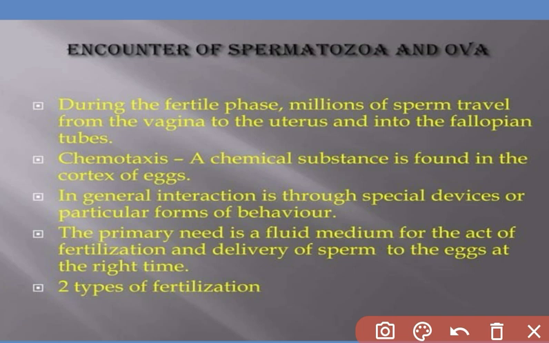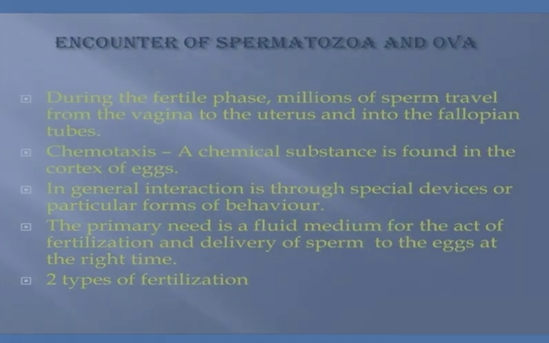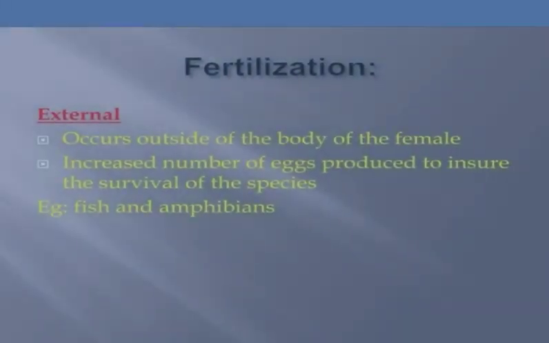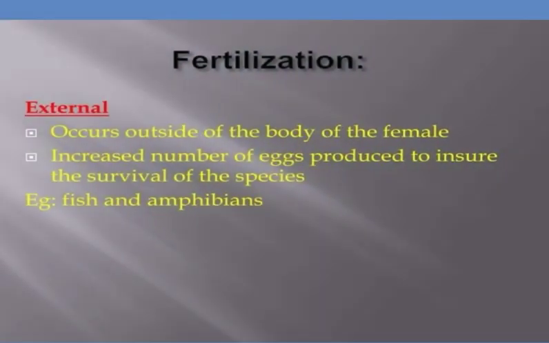There are two types of fertilization. It may be external or internal. External fertilization occurs outside the body of a female. Here, the female lays the eggs, and outside the body the eggs are fertilized.